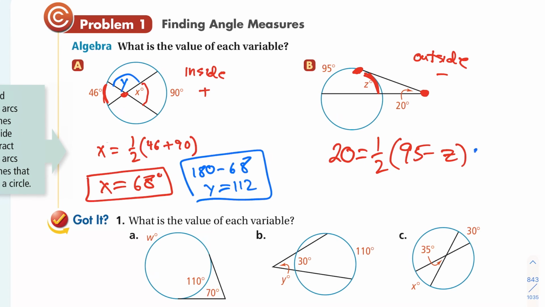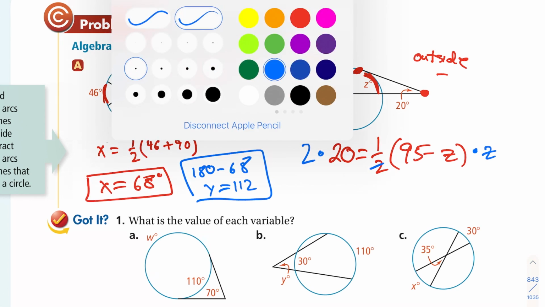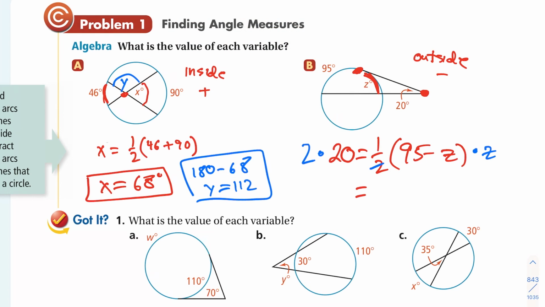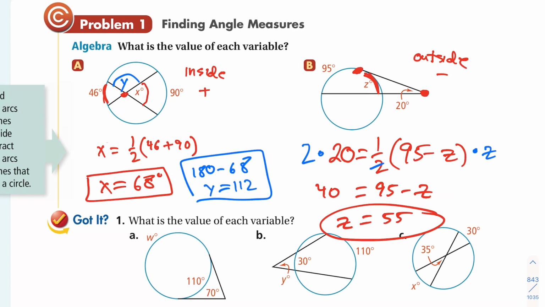Another thing you can do is simply multiply both sides by 2, and those halves are going to go away. So we have 40 equals 95 minus z. Just move things around to get to z. I'm going to trust that you know how to do that at this point. And the answer is 55 degrees.